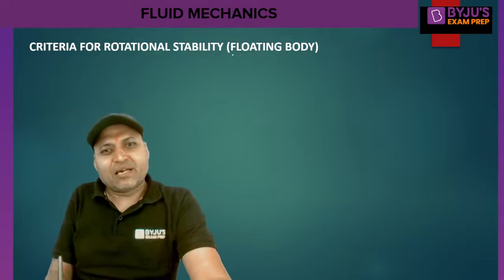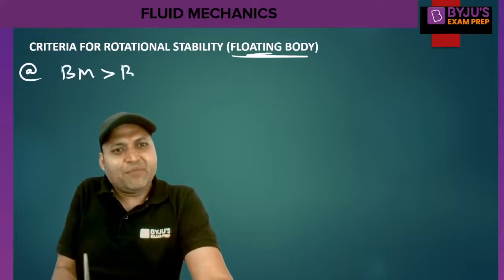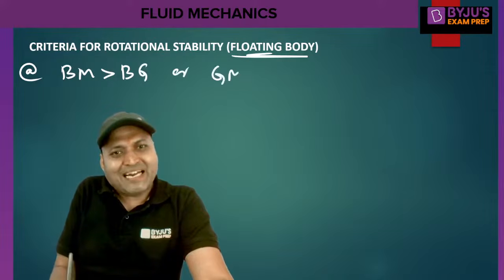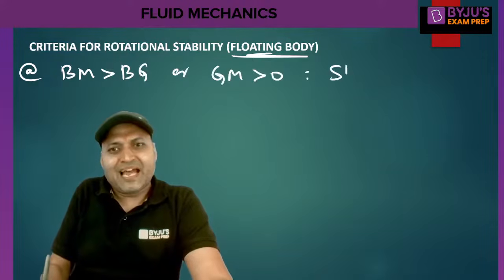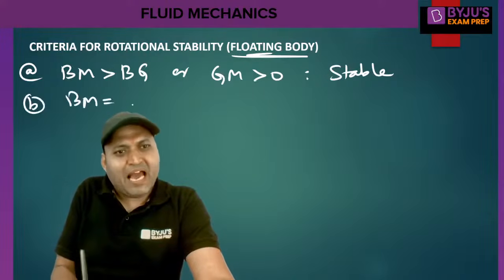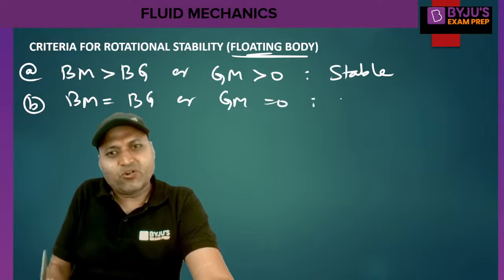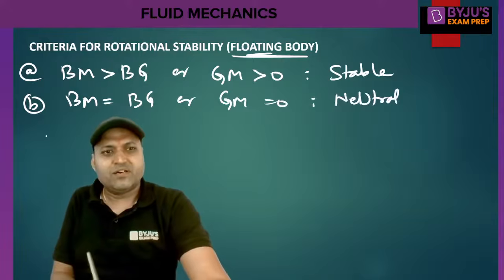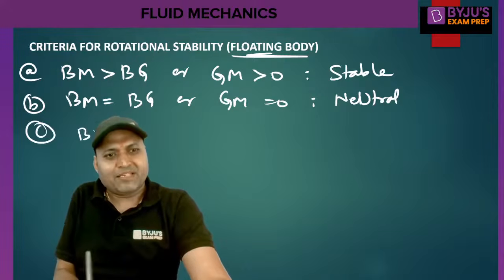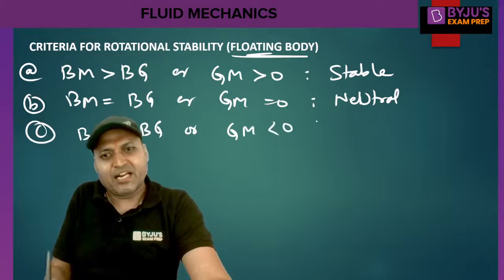For rotational stability, when BM comes out to be greater than BG or metacentric height is positive, then it is stable. If BM is equal to BG or metacentric height is equal to 0, then it is neutral equilibrium. Or if BM is coming out to be less than BG or metacentric height becomes negative, then it is unstable.